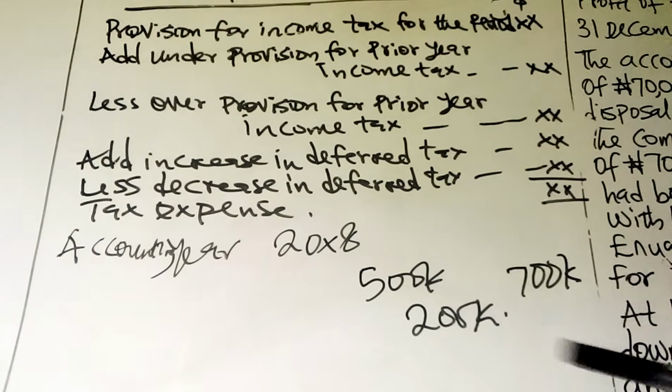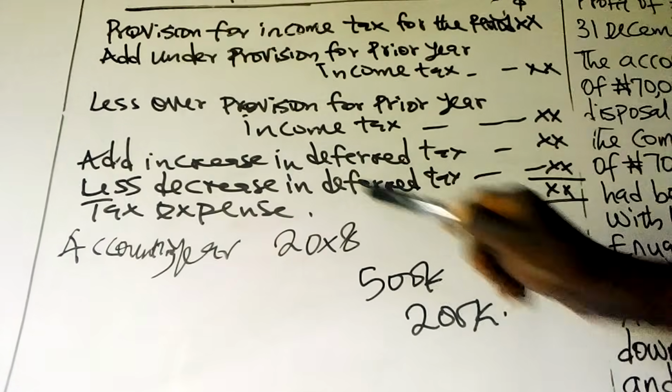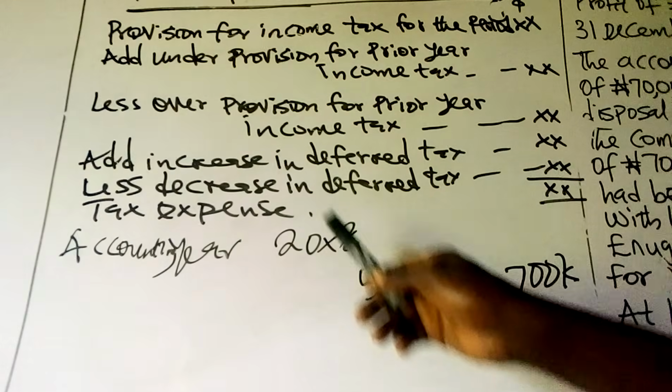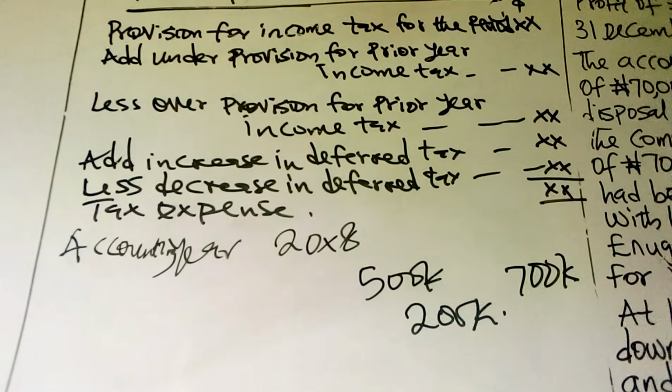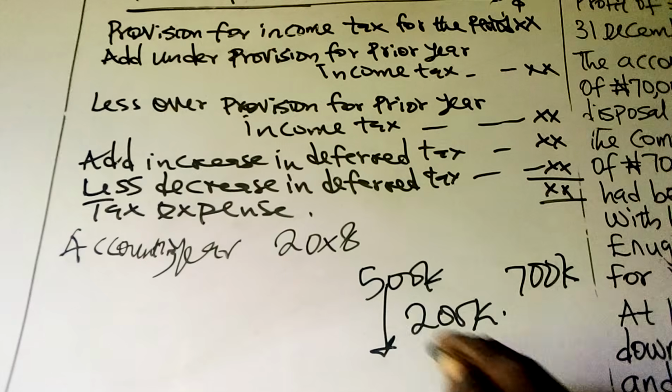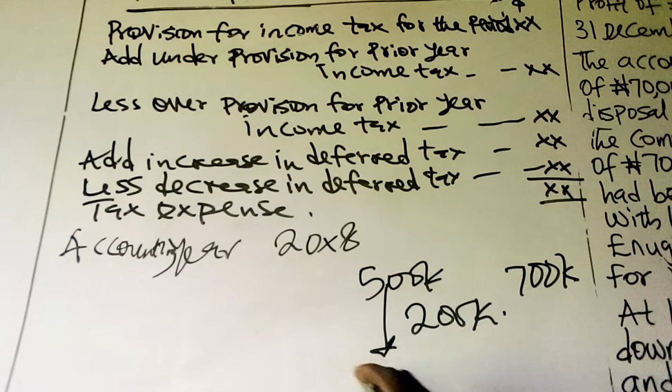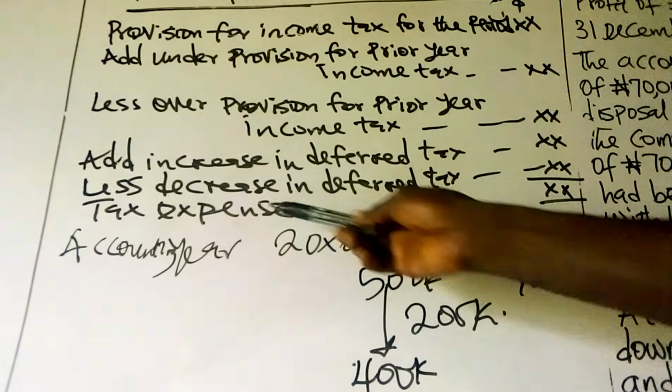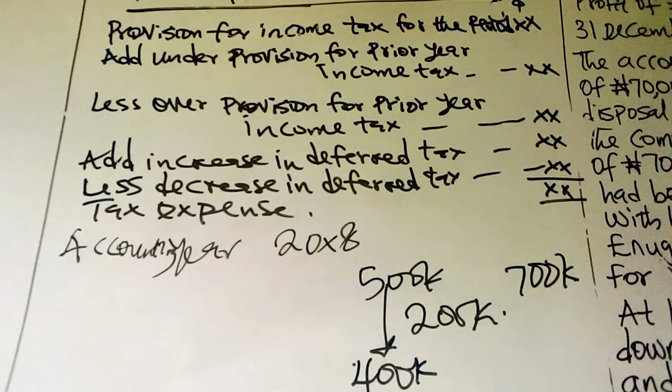The increase in deferred tax should be added. If the one in the trial balance is 500,000 and the one in the additional information is now 400,000, that means there is a decrease of 100,000, which should be deducted in the computation of tax expense.